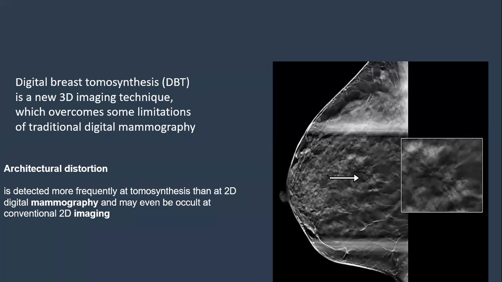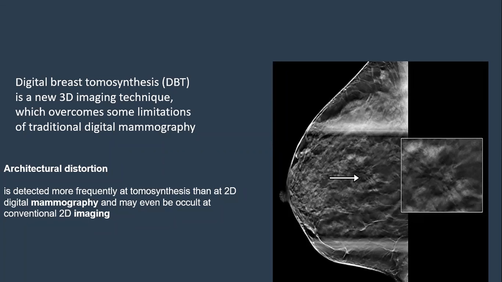This is an artifact. This is the same area of architectural distortion. This is a spot or magnification view of the same area. So this tomosynthesis demonstrates a subtle area of architectural distortion.